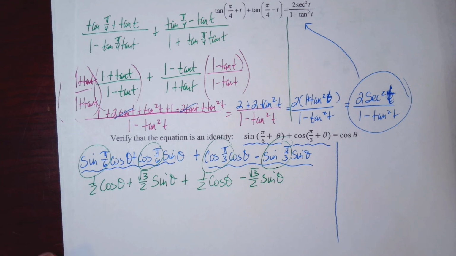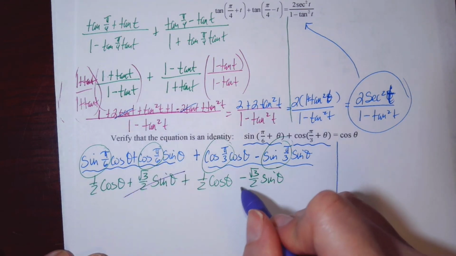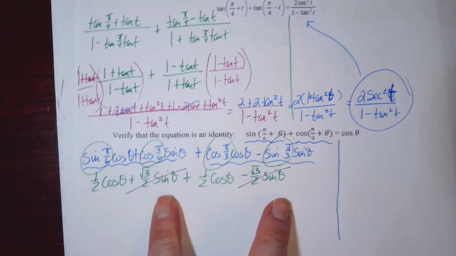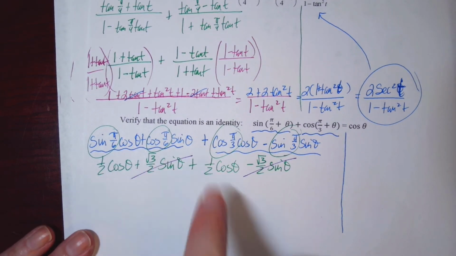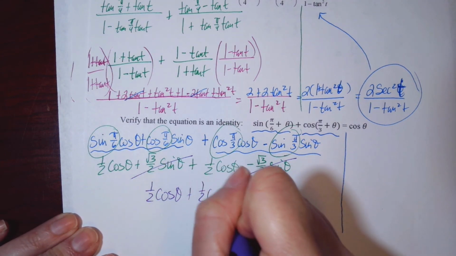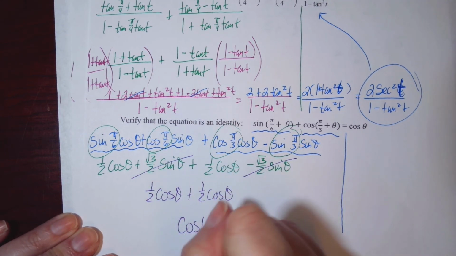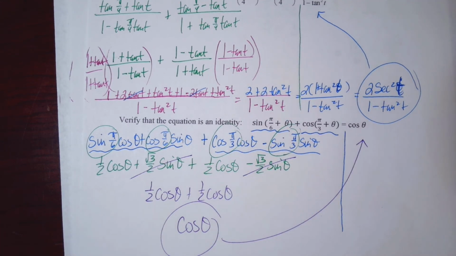And then I can combine like terms. I've got positive and negative square root 3 over 2 sine theta. Those add to 0. 1/2 plus 1/2 is just 1. So 1/2 cosine theta plus 1/2 cosine theta equals 1 cosine theta, and that was my goal. That identity is verified.